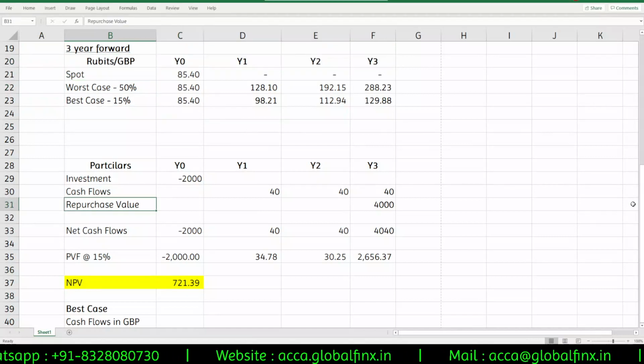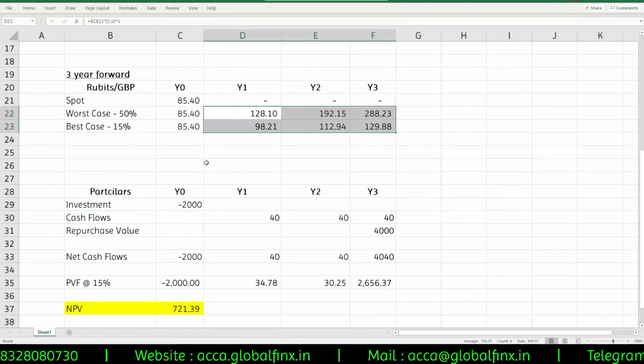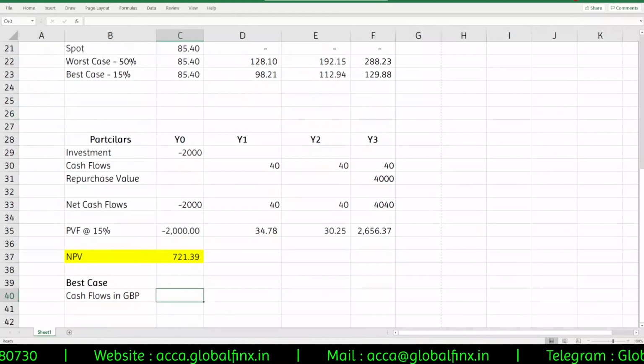I just transpose this so that I have the yearly rates in horizontal manner so that I can directly use the formula here. That's all, nothing more than that.